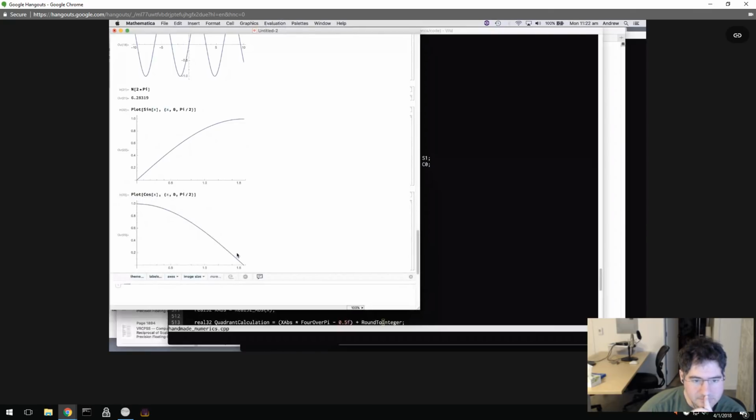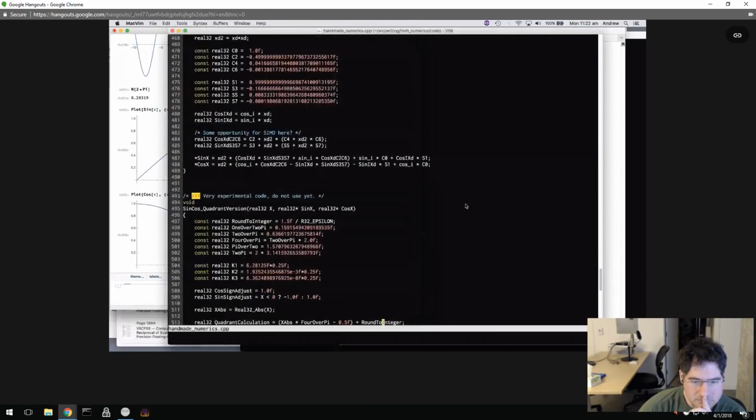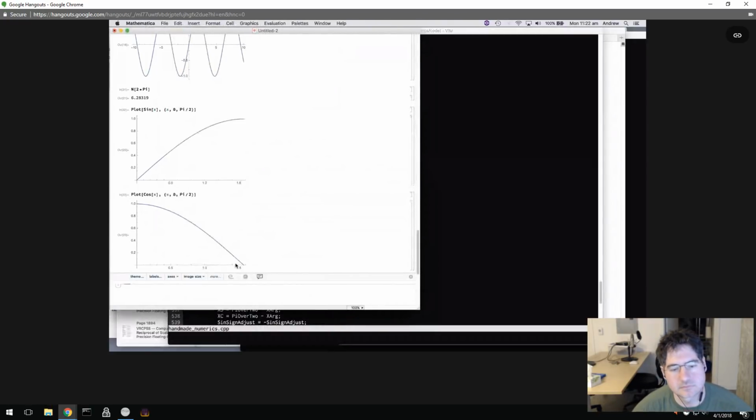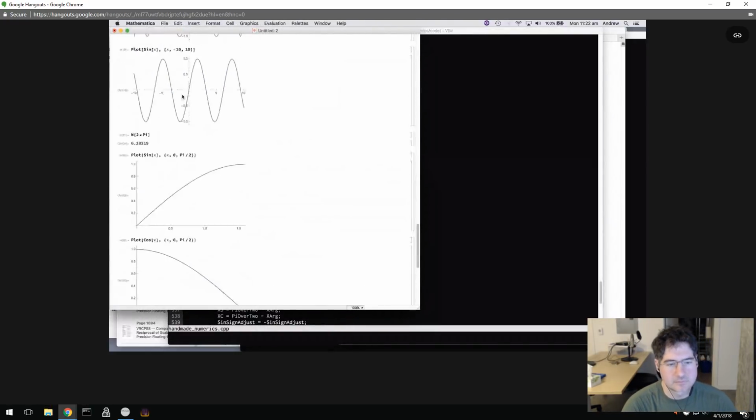Because this and that are mirror images of each other, we should be able to evaluate it by simply using a different x, pi on 2 minus x, and then evaluating the same approximation there. This shape here is the same as this shape here, only it's a mirror image around that line.